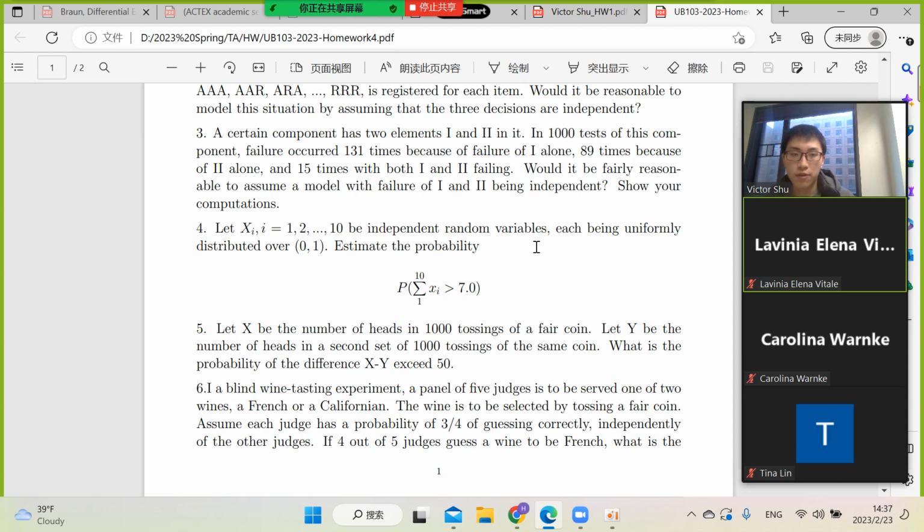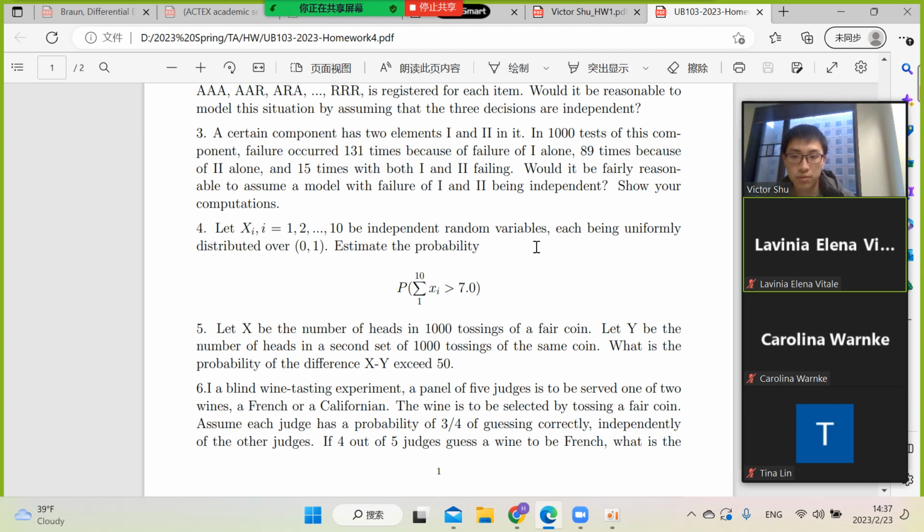So here you have exactly the same problem as question 5. Now you have 10 independent random variables and you're summing them up together. So your resulting distribution is actually the sum of 10 independent distributions. And for each distribution, because they're uniform distributions, you have a mean of 0.5.